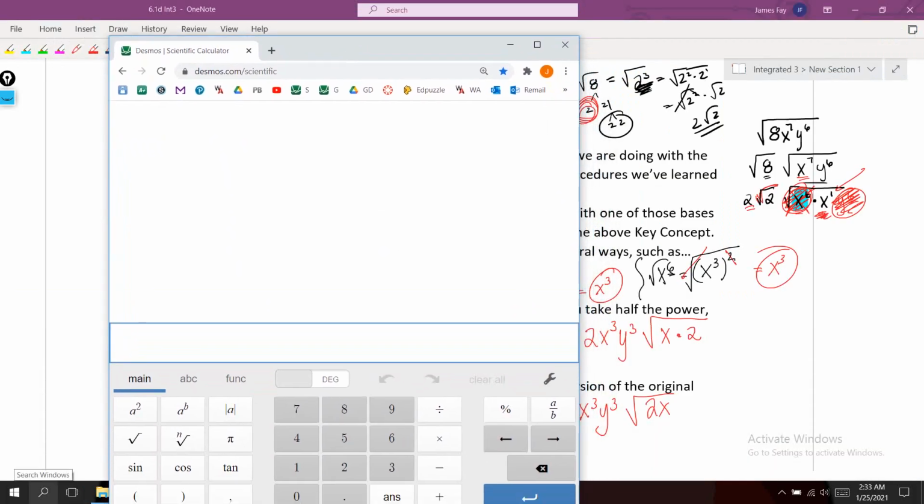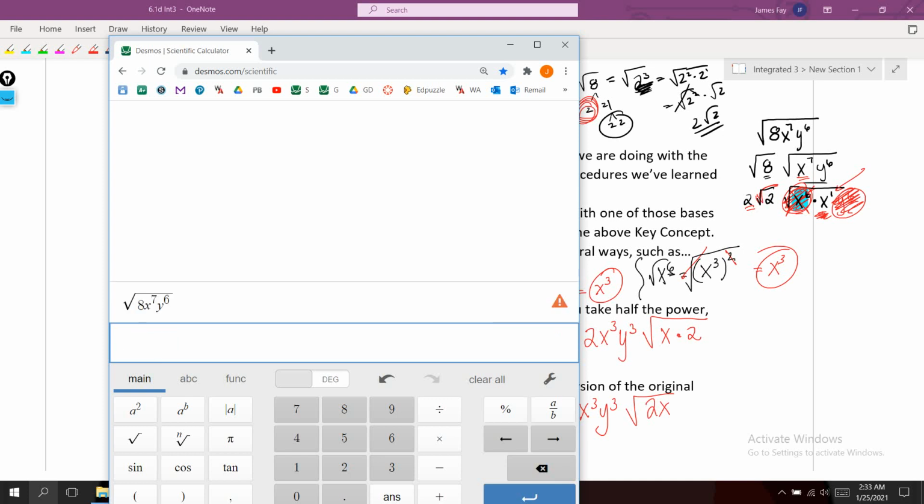So if I type in square root of 8x to the 7th y to the 6th.